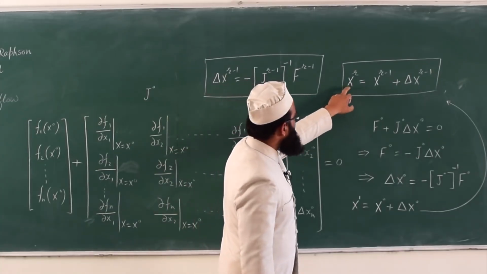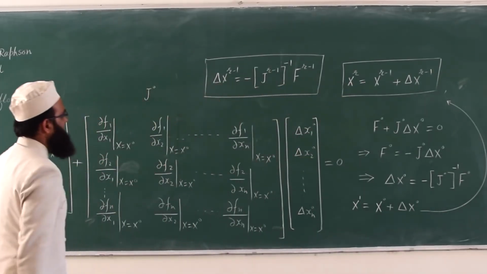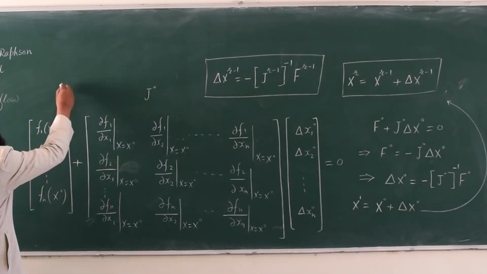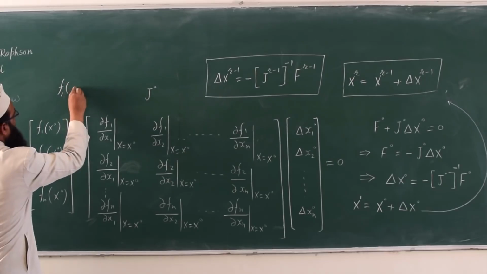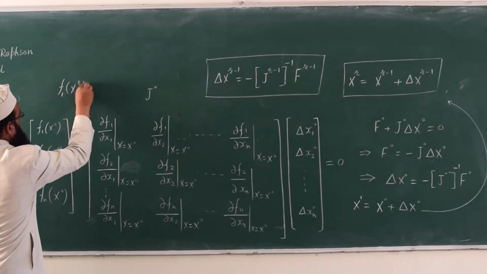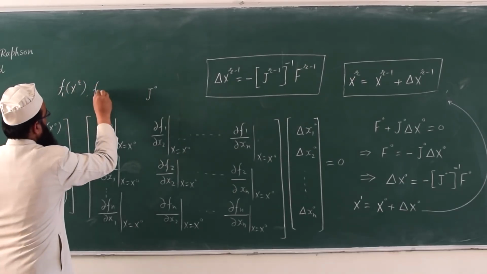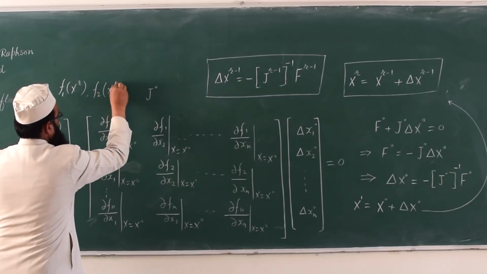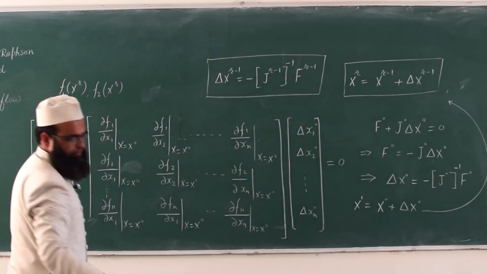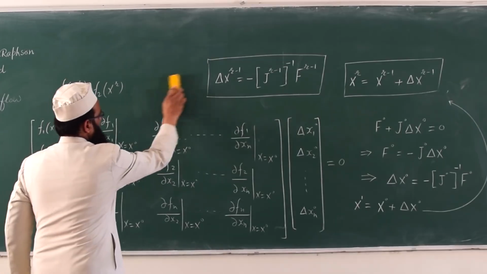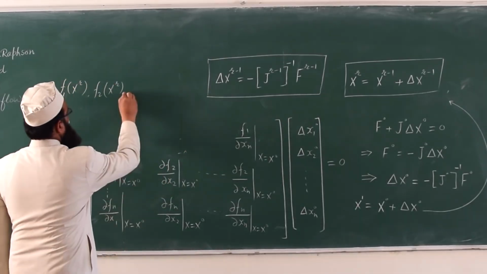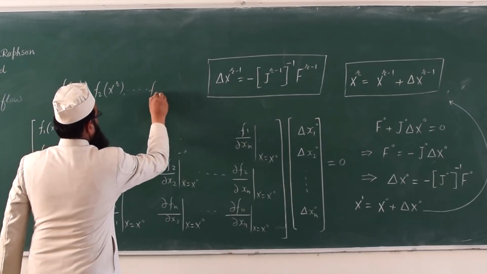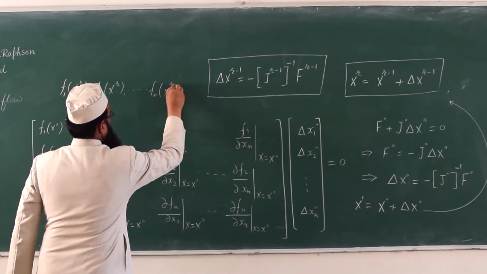So, substituting this x r in our functions, we will get, suppose for function 1, f1 at x r. For function 2, we will get f2 at x r and so on. For nth function, we will get fn at x r.